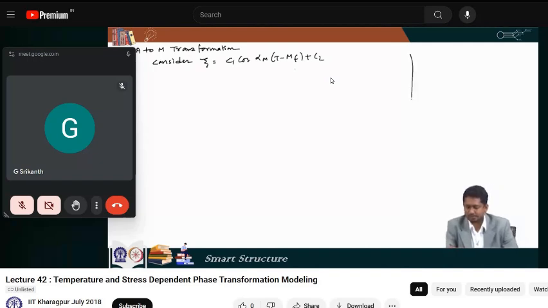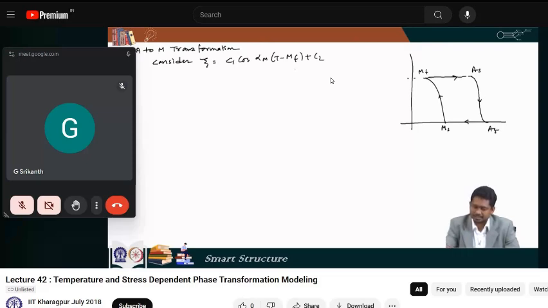So if we draw it once again quickly, we have MF here, we have MS here, we have AS here, we have AF here, and these are the paths.